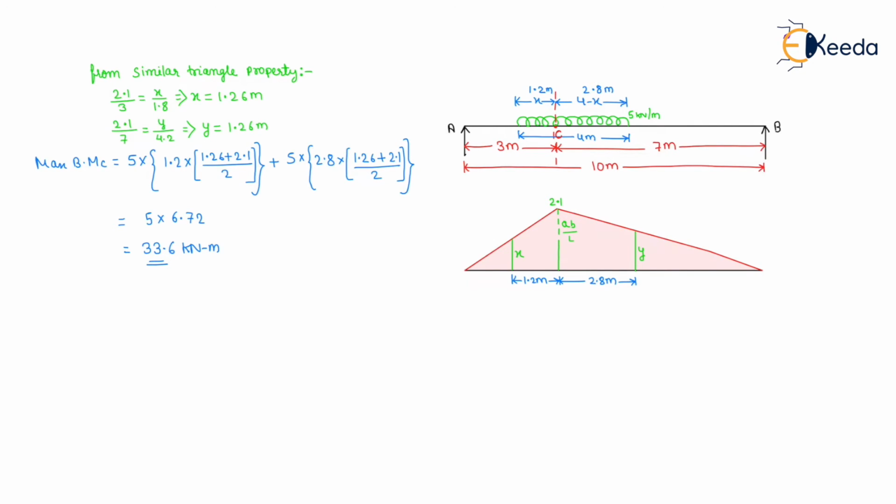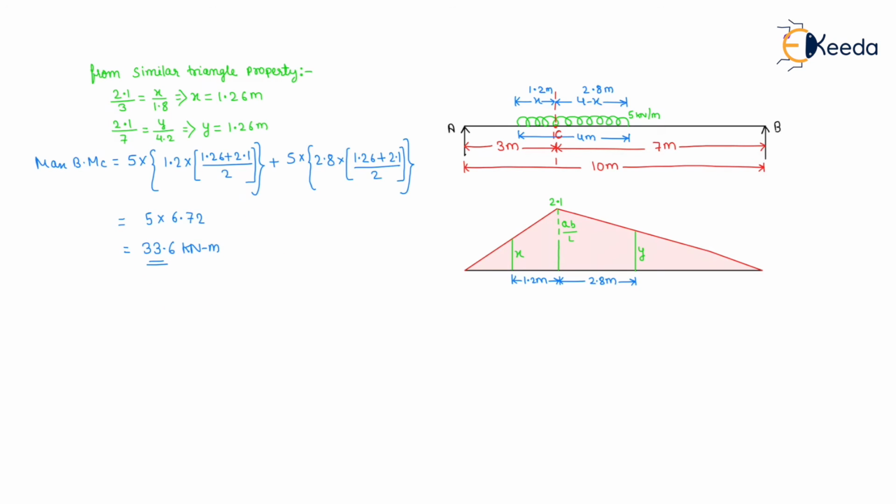So this value becomes 5 into 1.2, that is base, into (1.26 plus 2.1), that is the ordinate length, divided by 2, plus 5, that is UDL intensity, into 2.8, that is the base length, into (1.26 plus 2.1) divided by 2. 1.26 and 2.1 are the vertical ordinates. We will get maximum bending moment at C equal to 33.6 kilonewton meter.